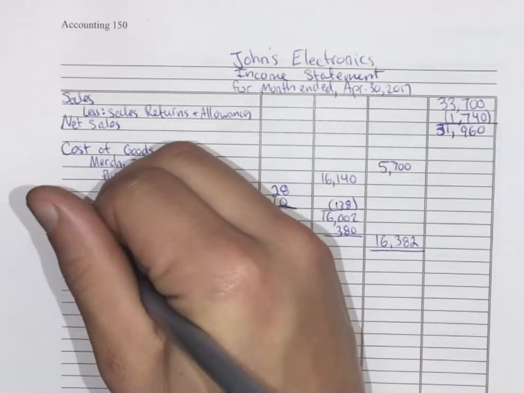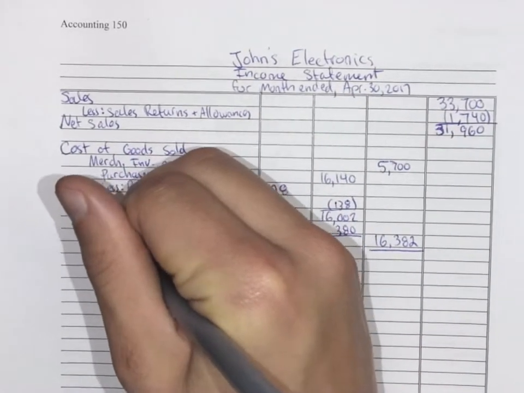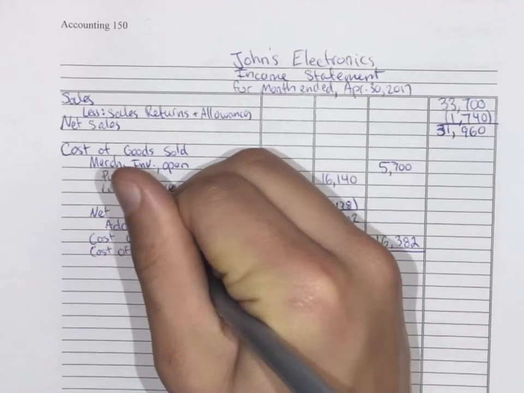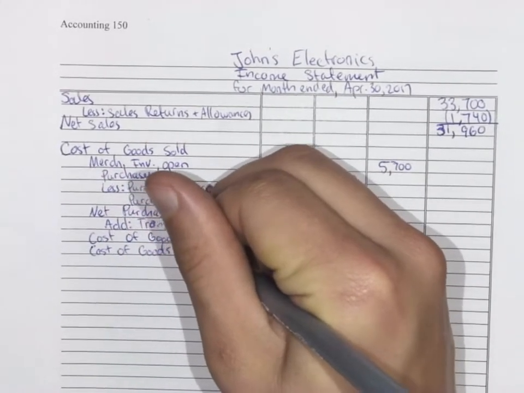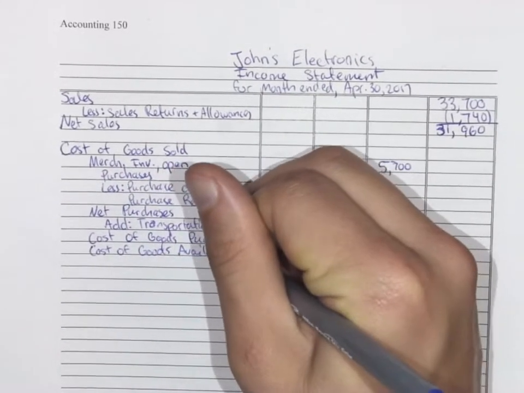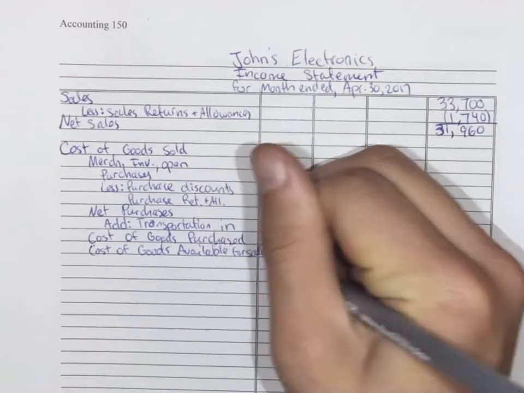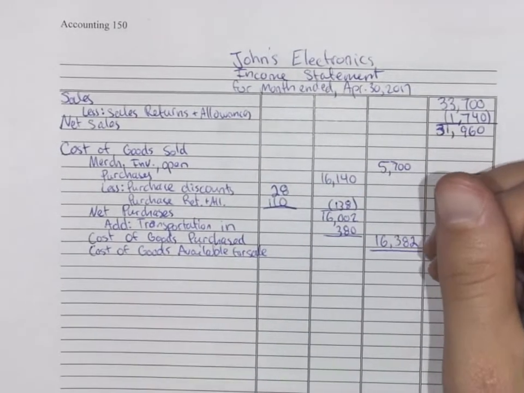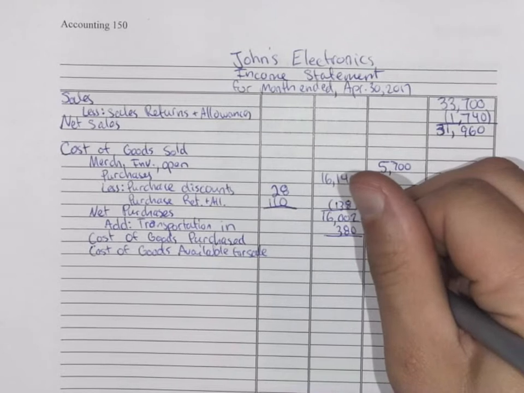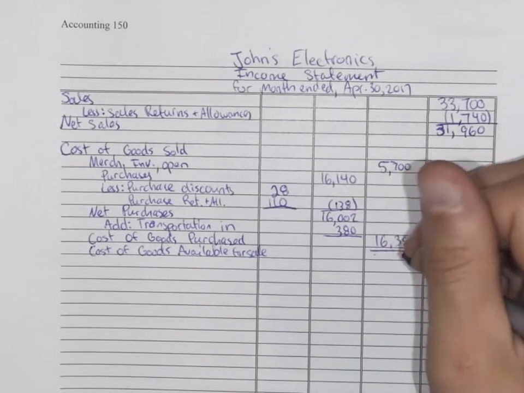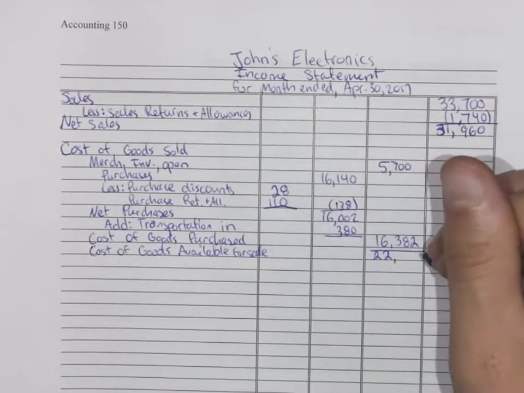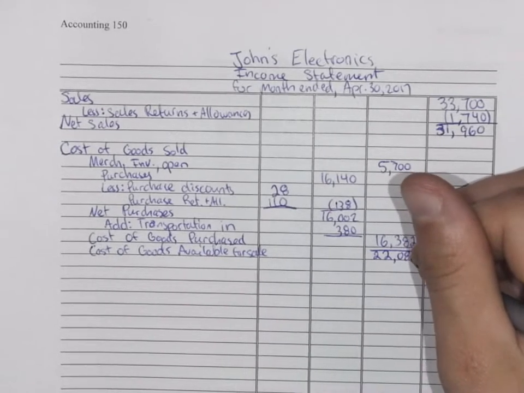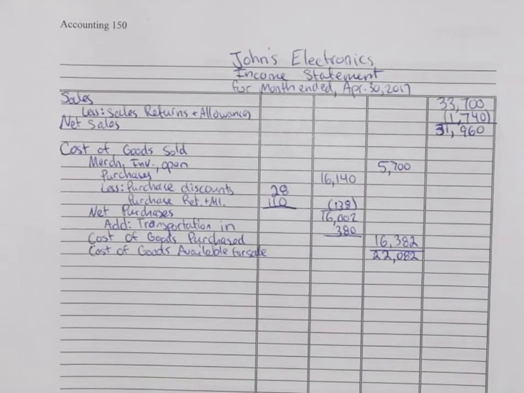Which then gave us our cost of goods available for sale, which was 22,082.